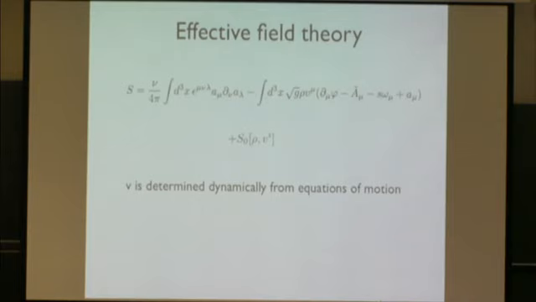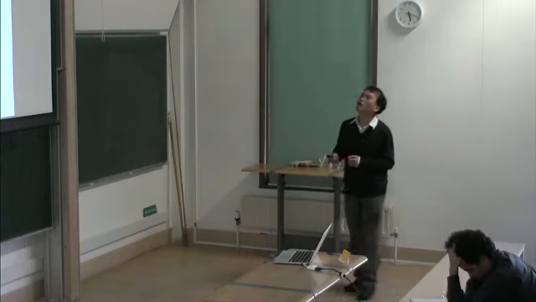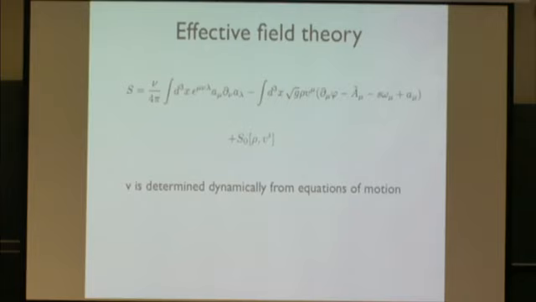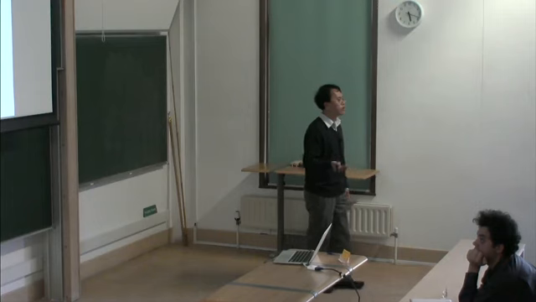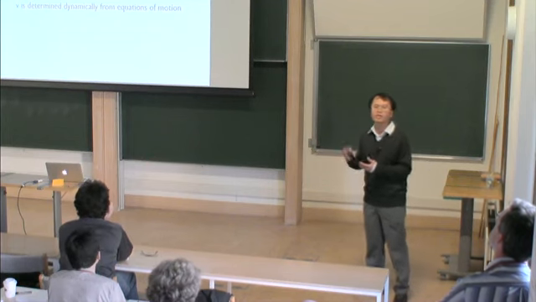Okay, so there is a lot more to that story, but let me just show you some results. So an effective field theory can be written down. It's actually more convenient to introduce several new auxiliary fields that are all massive, that you can integrate out.